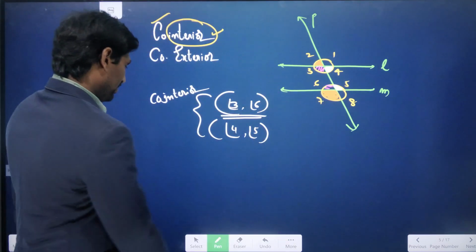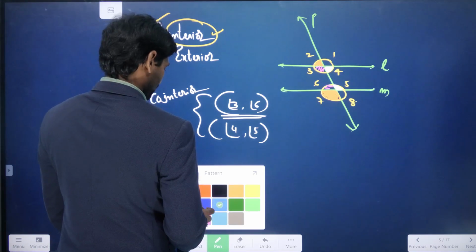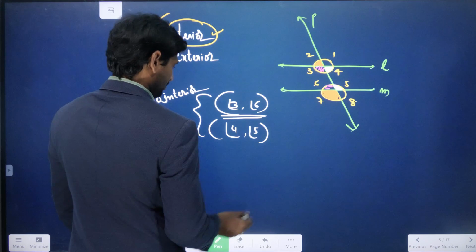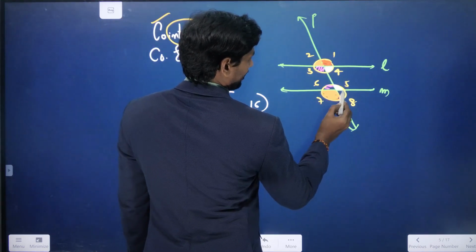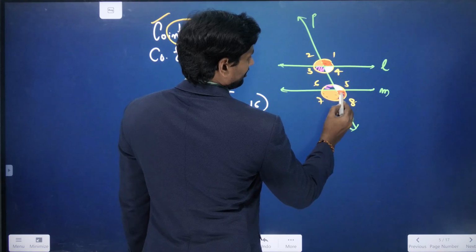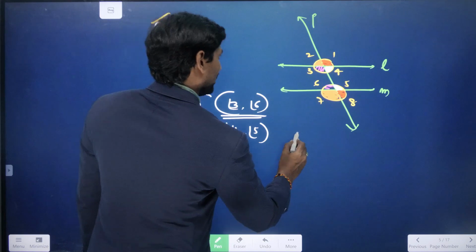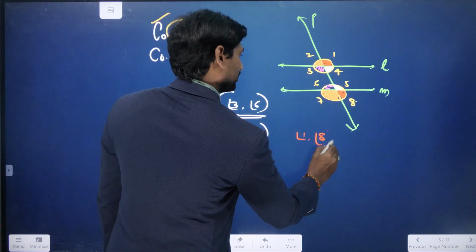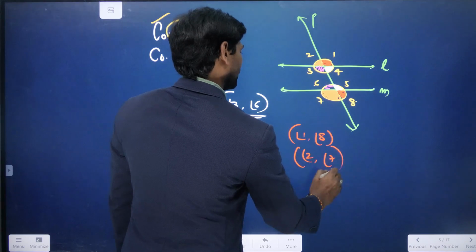Okay, na? Similarly, 1 and 8 are also co-exterior angles. Angle 1 and angle 8 are co-exterior, angle 2 and angle 7 are co-exterior.